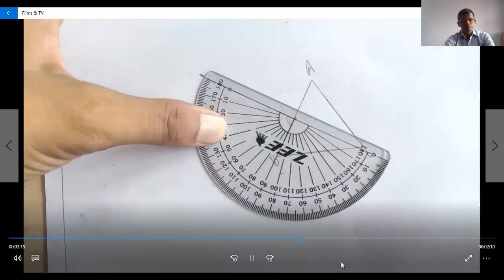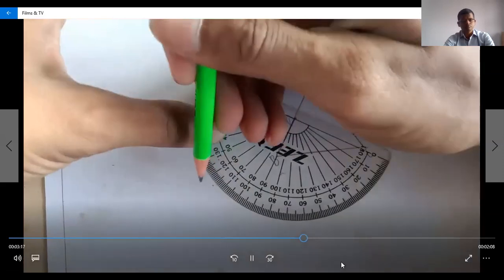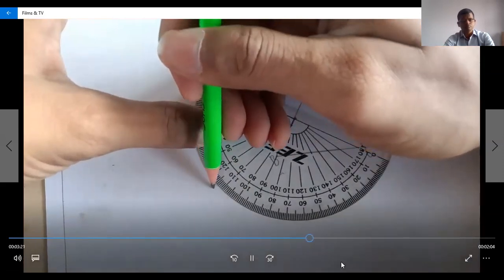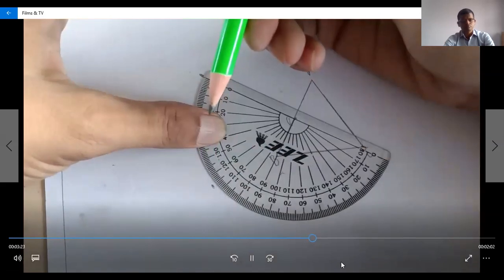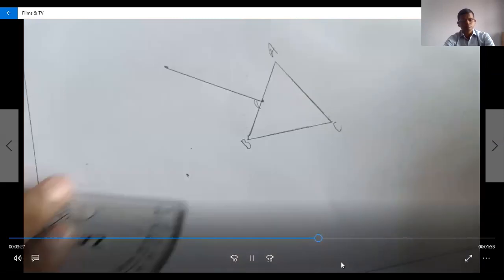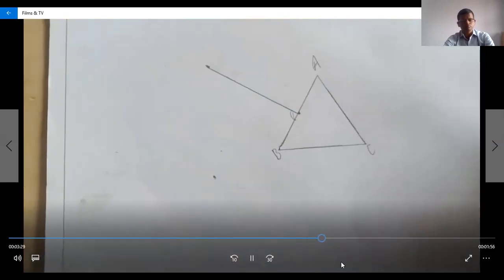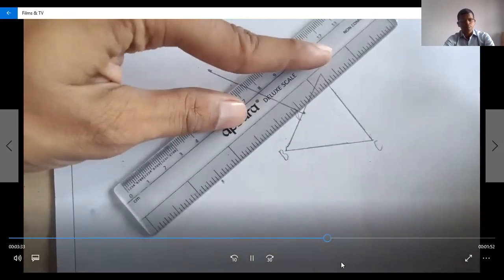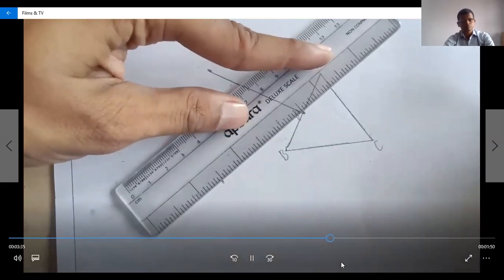So it is the point of 65. Clearly mentioned here, between 60 and 70. With the help of a scale again, we connect it with the middle point.